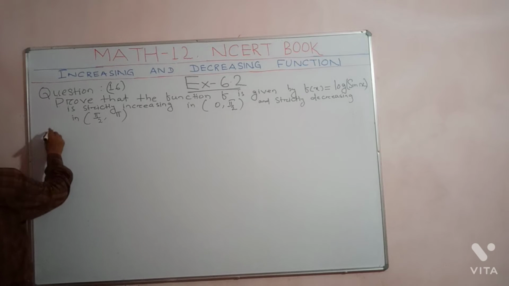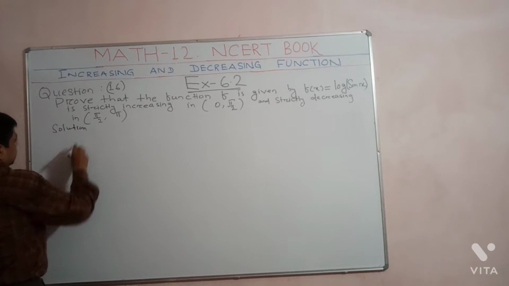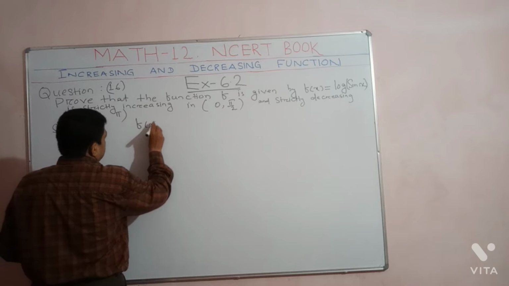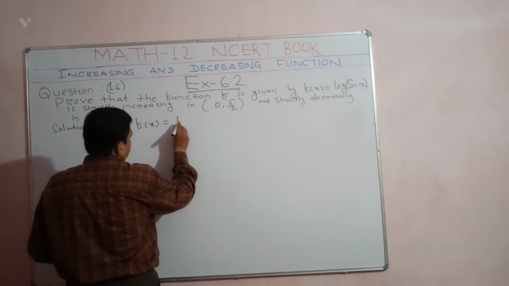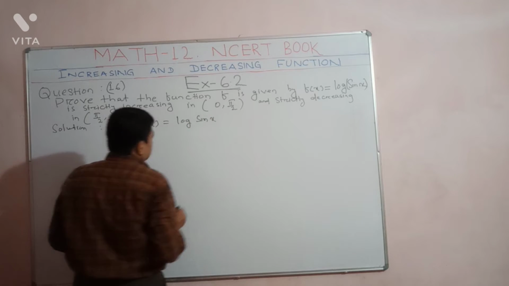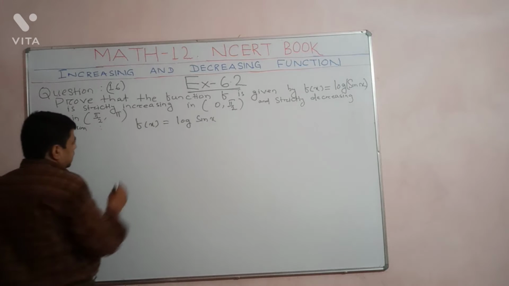Okay, let's see. What is the function given? f(x) = log sin x. In order to study increasing and decreasing behavior, we have to find the slope of the function by finding the derivative.